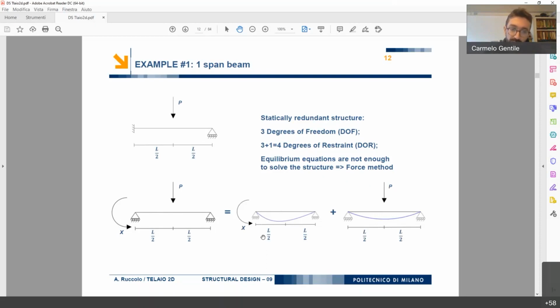Okay, we consider the effect of only the bending moment and the effect of the vertical force, and then we say that the original rotation in the node A has to be equal to 0. How do we exploit that information? Simply summing up the rotation in this point associated to this bending moment and the rotation in this point associated to the external load.